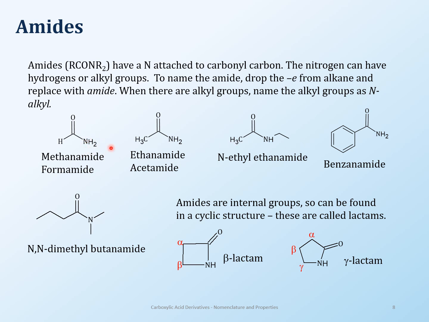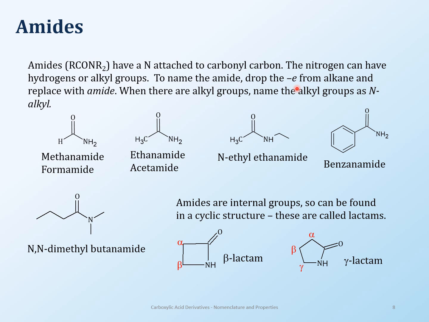But generally there are two hydrogens, and that's an amide. There is only one oxygen, the carbonyl oxygen. Acyl chloride had one oxygen, anhydride had three oxygens, esters have two, and amides have one, just the acyl group. So that's the amide functional group.